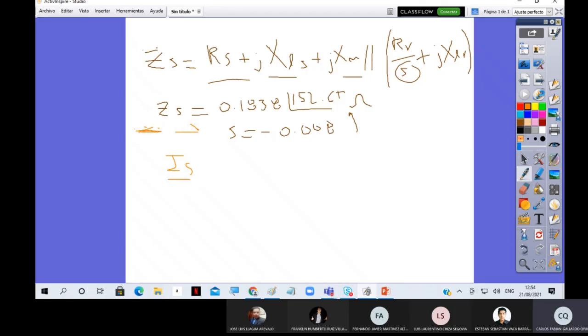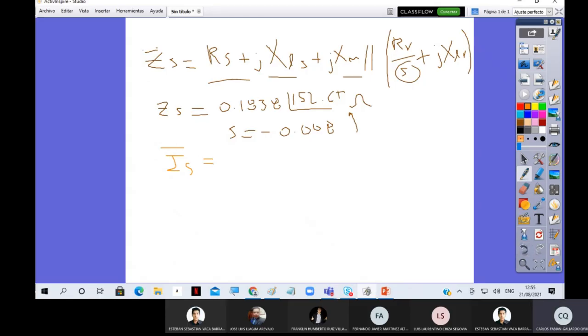Normally phasor down or up is the same, but if I have the arrow, it means space vector. Therefore, this means phasor.